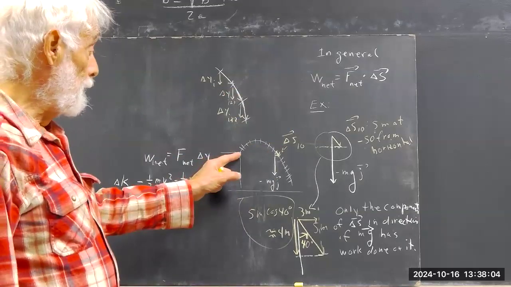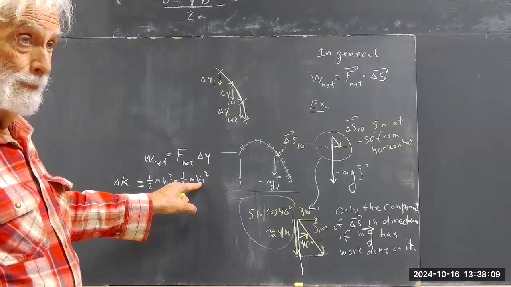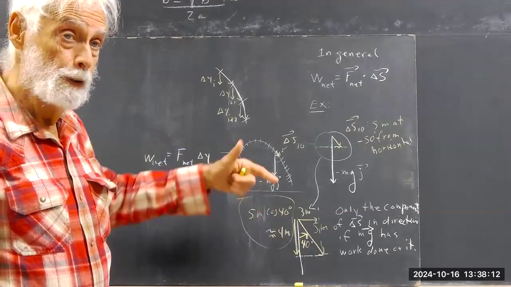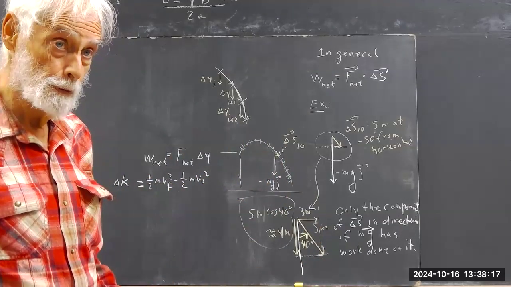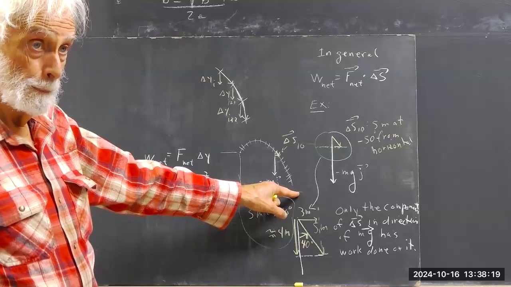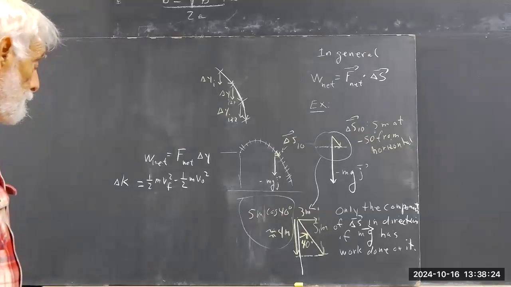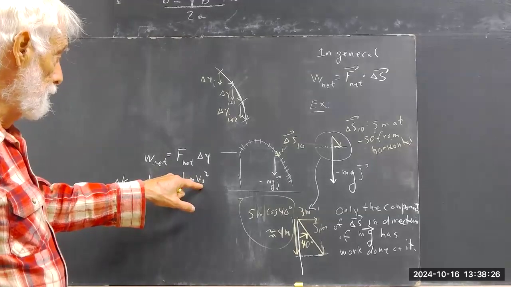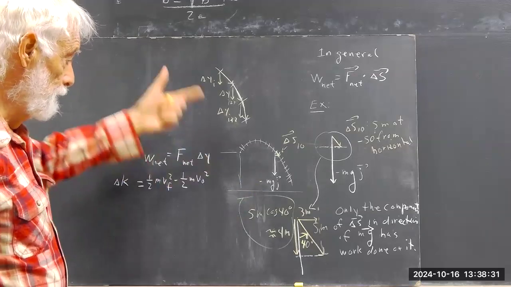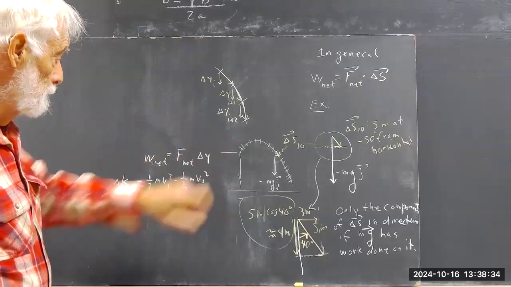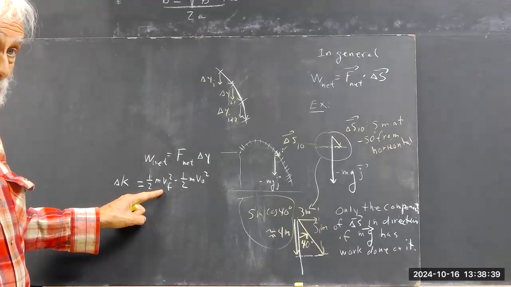If you just know how fast it's going here, that's all you need. You don't have to figure out V naught sine theta, V naught cosine theta, the components, and analyze them separately. Because if you know the mass, the velocity, F net, which is negative mgj, and your total delta Y, the only thing you don't know is VF, and there you have it.